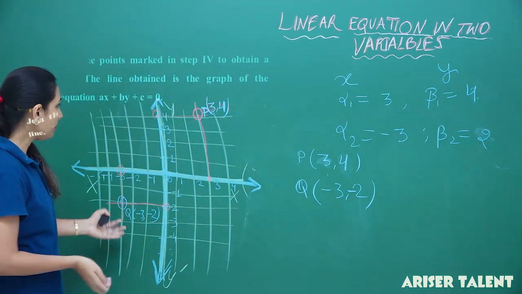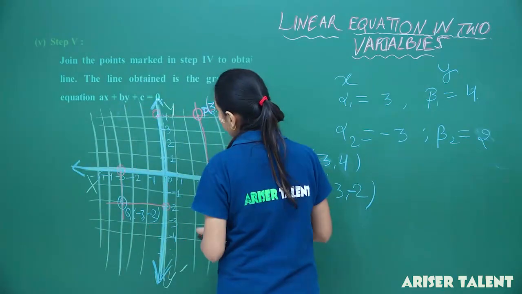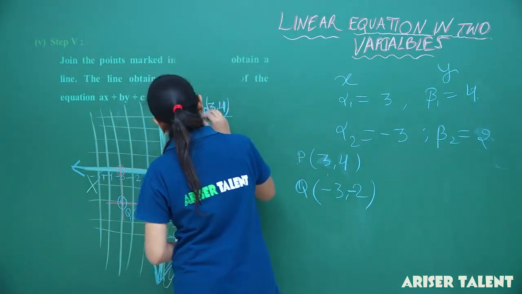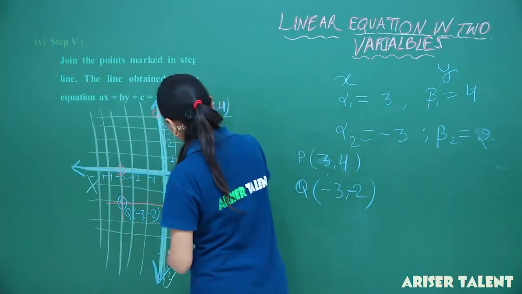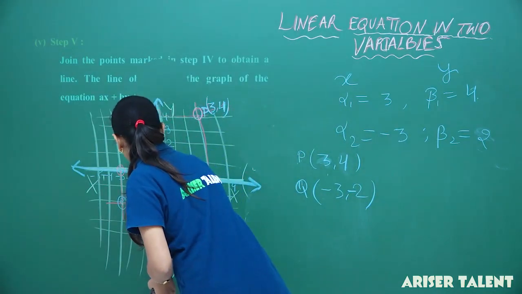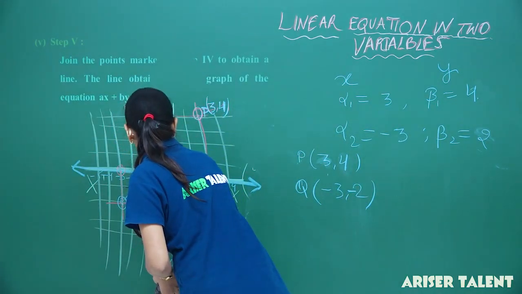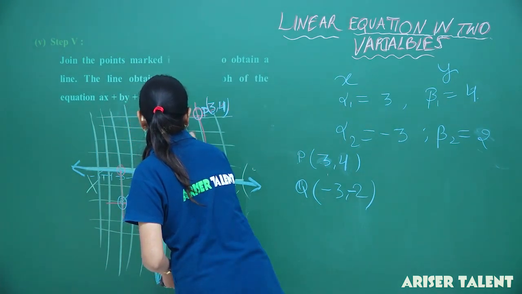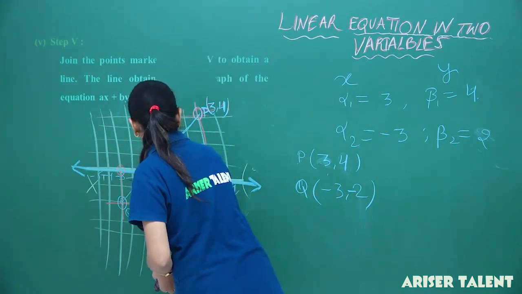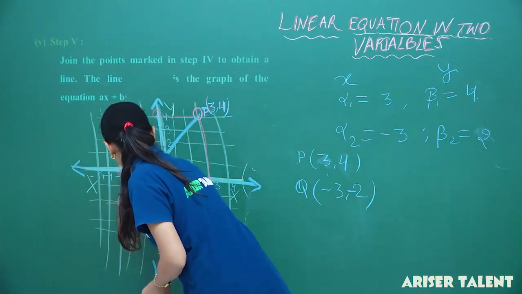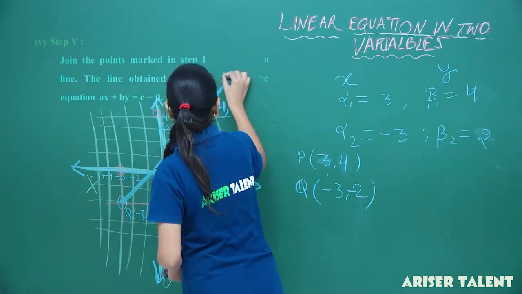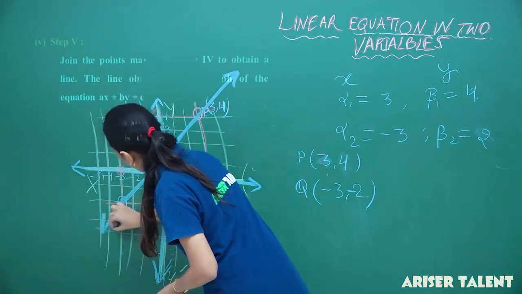Okay. Now how will we create a line here? We'll simply, with the help of a scale, join this to this, and that will be this line. So basically, this line will be what?